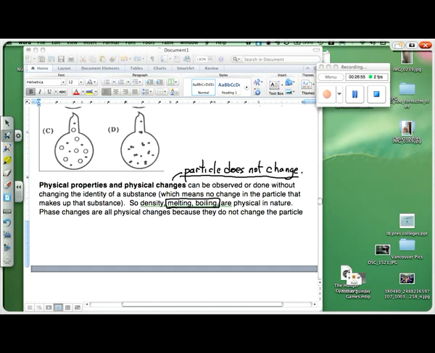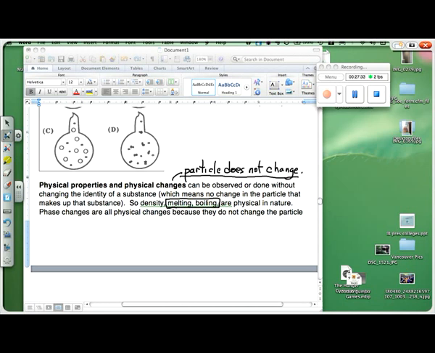There's a lot of energy that goes in, and I've told the story many times about students going into grad school at Purdue University who were given a simple test and asked about boiling water, and 25% of the students could not answer that question correctly because they thought that the particle was changing, that when you boiled water you were actually separating the hydrogen and oxygen from one another. You are not. When you boil water, you are just turning the substance water into a gas. You have not changed the particle itself.